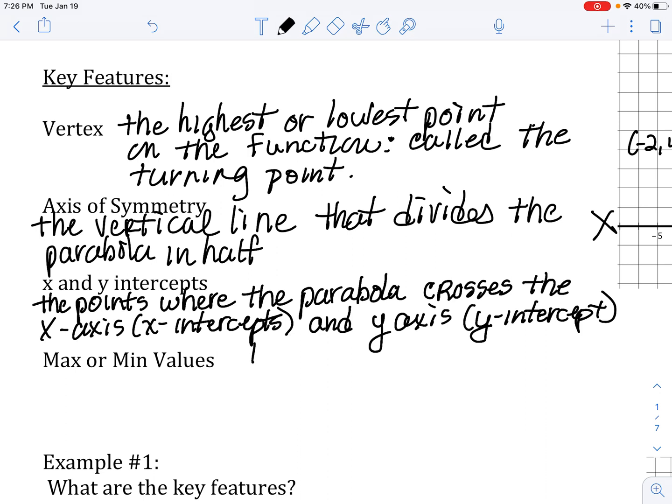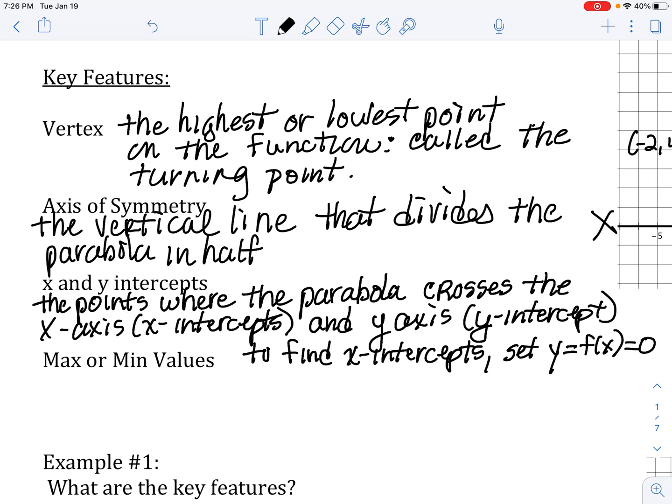Okay, in order to find the x-intercept, we set y, or f of x, equal to 0. So in other words, we're finding the solutions of the quadratic, which we just studied in Objective 1. Okay? To find the y-intercept, we set x equal to 0 and solve for y.